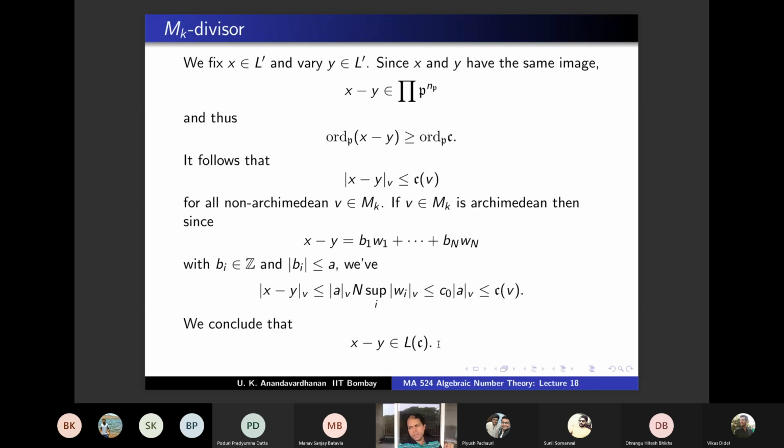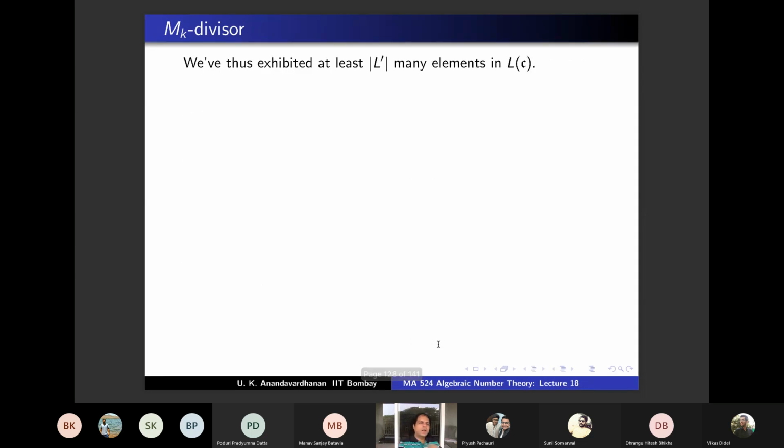You fix X, Y is varying over L prime and you are exhibiting elements X minus Y in LC. So LC contains at least as many elements as the cardinality of L prime. Therefore, lambda C is bigger than or equal to cardinality of L prime.